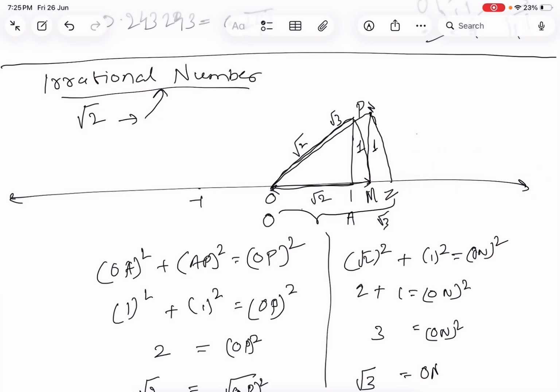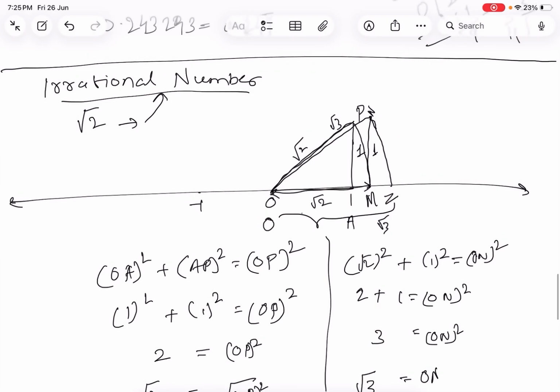Likewise you can locate the rest of the irrational numbers like square root of 2, square root of 3, square root of 5, square root of 7 on the number line.